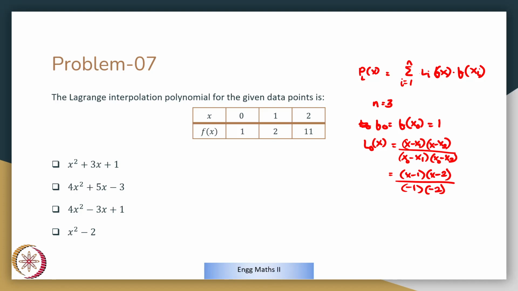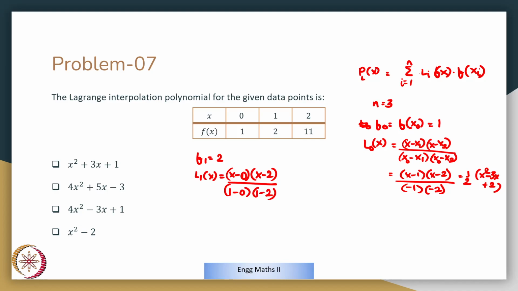So we end up with this being half of x square minus 3x plus 2. Similarly, f1 is given to be 2. If we calculate L1 of x, that is equal to (x minus x0), which is x minus 0, into (x minus 2) upon (1 minus 0) into (1 minus 2).